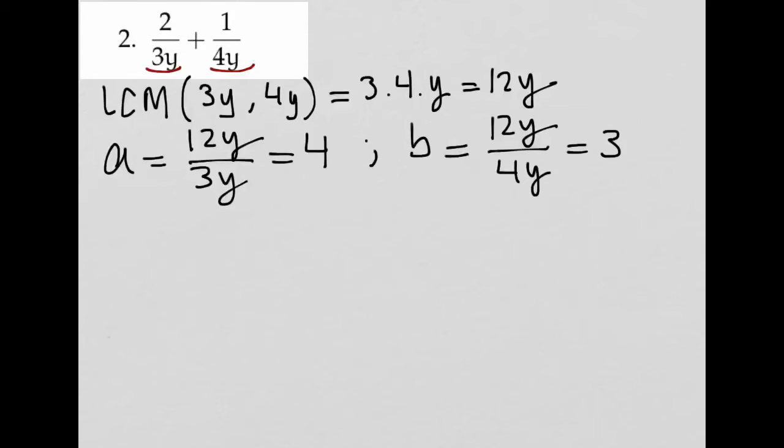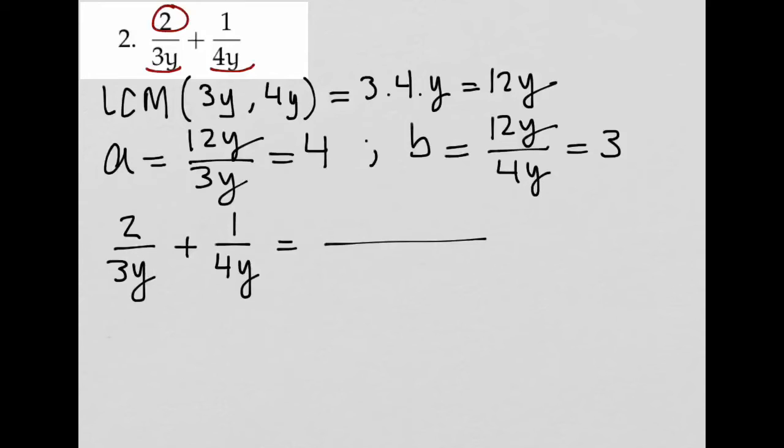With that in mind, 2 over 3y plus 1 over 4y is going to equal 2. The number 2, where does that come from? The number 2 is the numerator of the first rational expression.